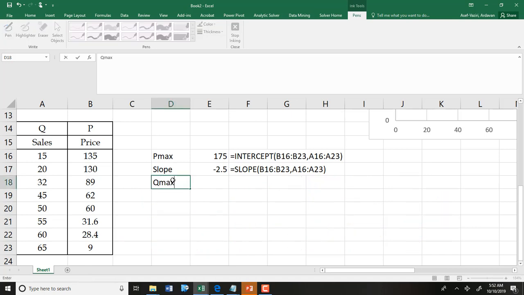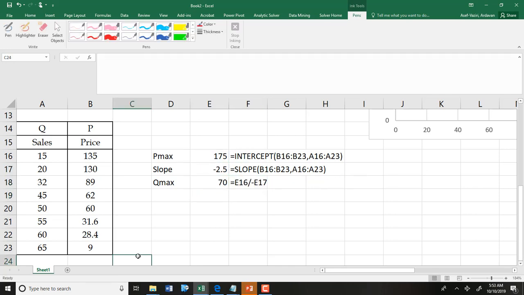Q max, what is the maximum that I can sell? And that is equal to 175 divided by negative of negative 2.5, because 2.5 was negative on one side of the equation. I brought it to the other side, it becomes positive.